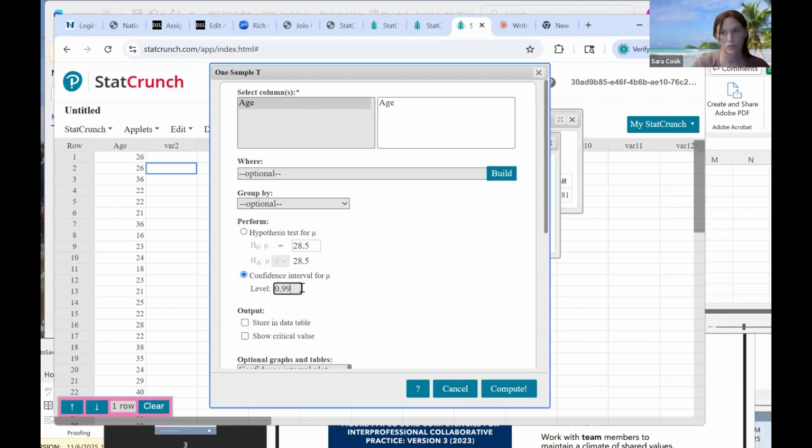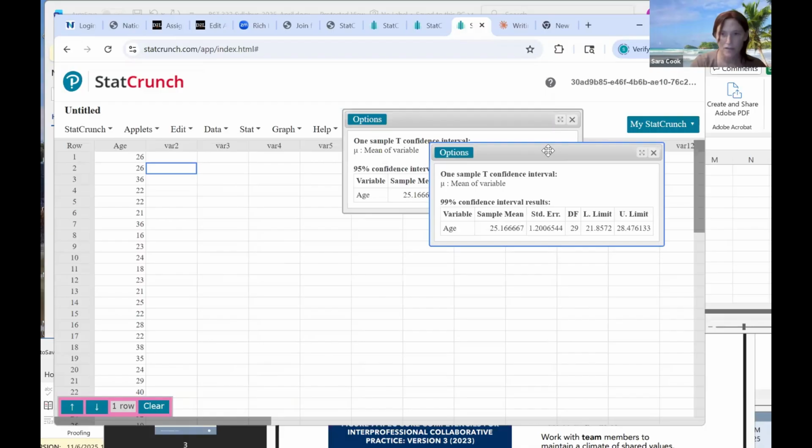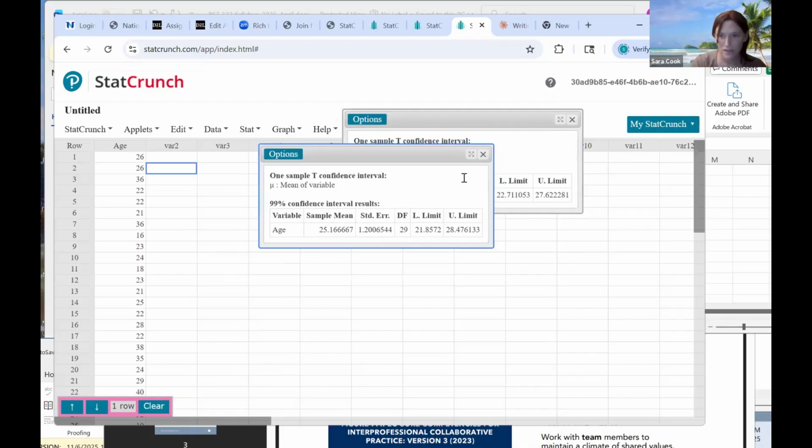It would be very unusual to see somebody present a 99% confidence interval, but this is mostly for demonstration purposes that if I want to have more confidence in where the true population mean falls, it's actually going to compute a slightly wider confidence interval. Instead of 22.7 and 27.6, it widens out to 21.8 and 28.4.